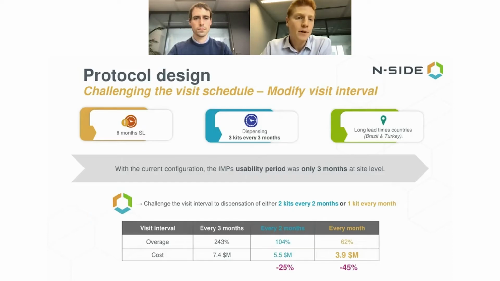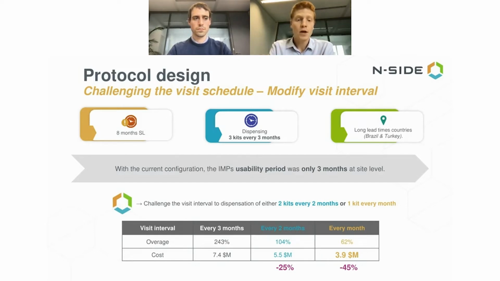The second example, we are still challenging the protocol design, and here we challenge the visit schedule. Especially, we tried to modify the visit interval. So to give you the features of the study we're working on, in this study, the IMP had 8 months of shelf life, which is not a lot.